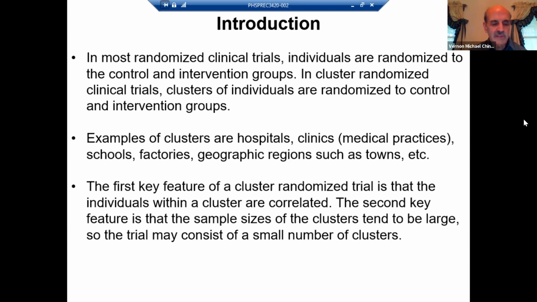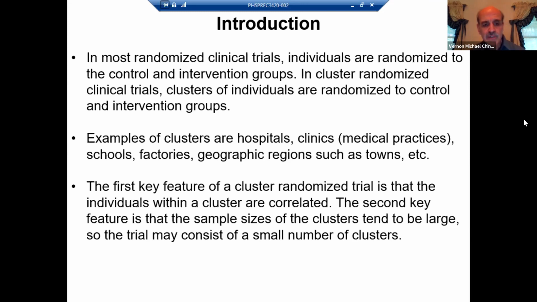In most of our statistical analyses, we usually assume that all our participants are independent of one another. That's the basis of the statistical tests that we typically apply. With a cluster randomized trial, however, there tends to be some level of correlation among individuals within a cluster, so we need to keep this in mind when we do our statistical analyses of the data from a cluster randomized trial.